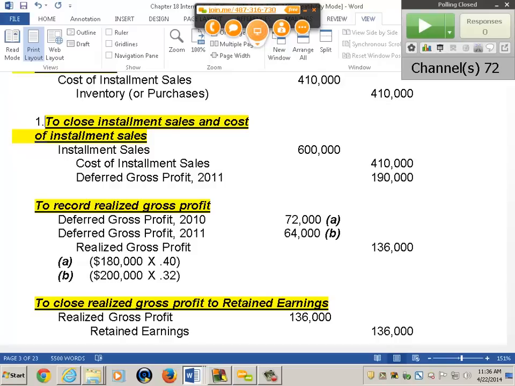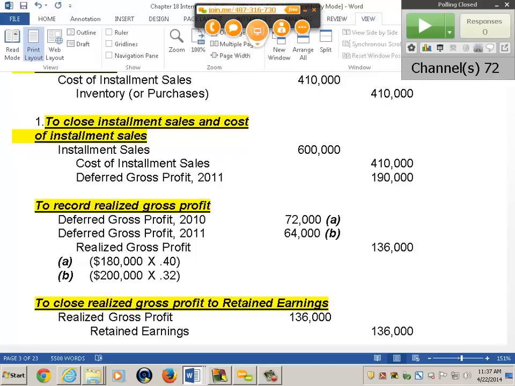So we're going to see that on the balance sheet, we have our installment sales receivable, and we have our deferred gross profit. This is the asset account, that's the liability. Deferred gross profit is a liability account.